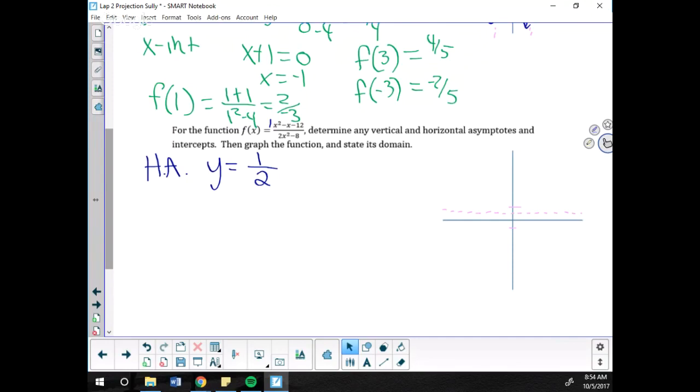Just plug in 0 to 2. Yeah. Oh, I was doing that. Would 3 over 2 be above? Yeah, 3 over 2 is 1.5.